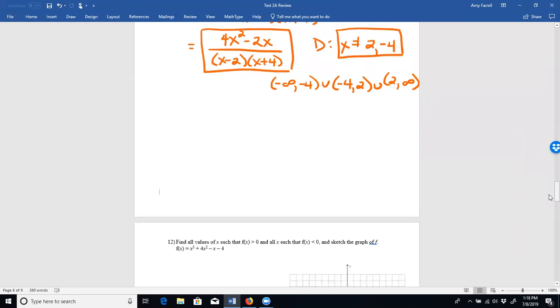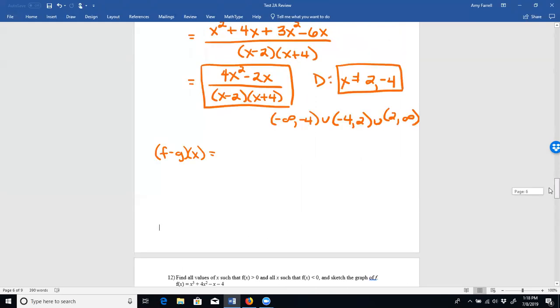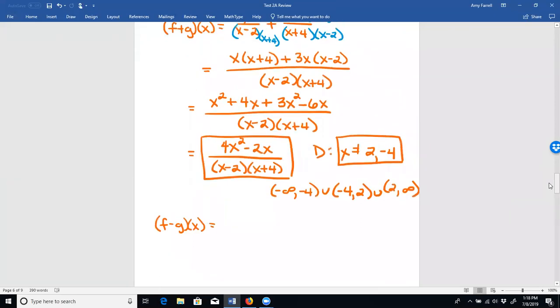Okay, f minus g. Now, sorry, we've lost our problem, but that's okay. So in this part here with subtraction, we're going to subtract the two functions. Now, I'm going to need a common denominator just like I needed for addition.